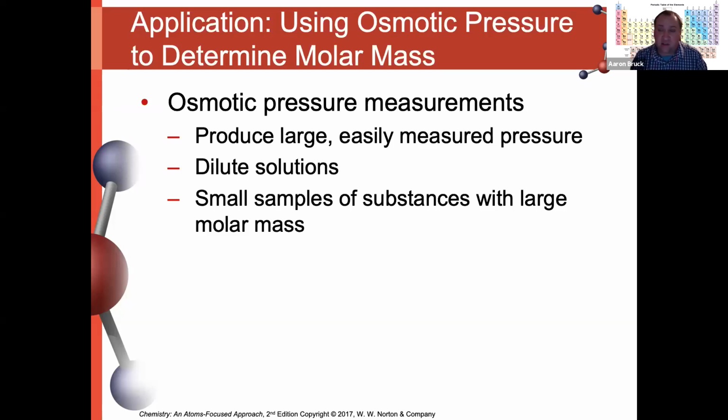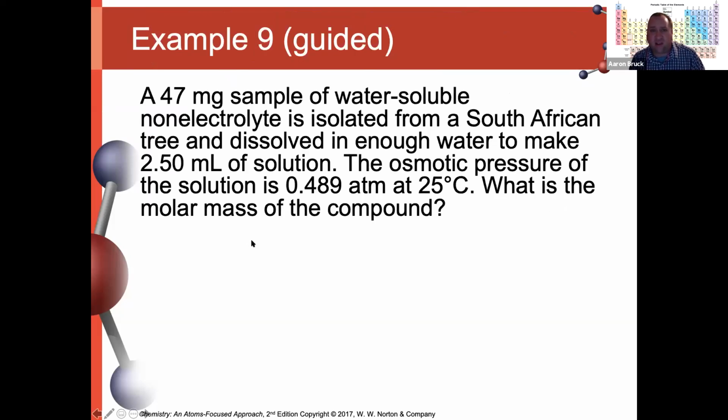Make a dilute solution of it, measure its osmotic pressure, and then compare that sample, do some back calculating to figure out what its molar mass is. And I can use that to kind of figure out what the substance is and characterize it, get some ideas of what its makeup is and so on. So let's take a look at an example like that.